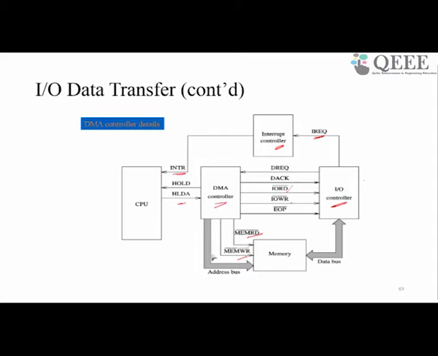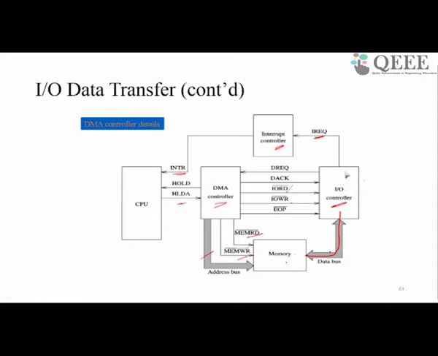So the address is put on the address bus by the DMA controller, but the data bus of the memory and the IO device are directly connected. So based on the transfer, the memory can put the data which is read by the IO device, or the IO device may put the data which is being stored into the memory.